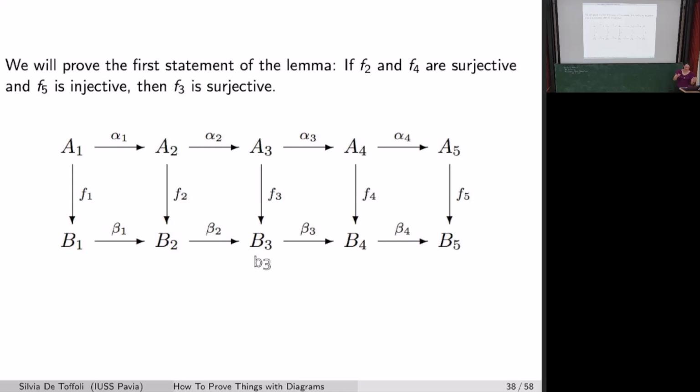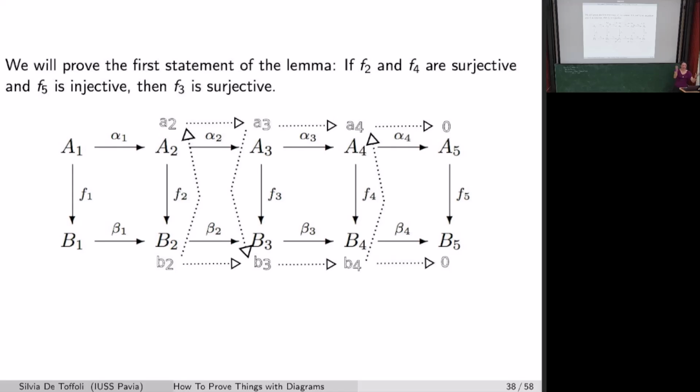Chasing the diagram just means to take elements and transform them around following the hypothesis of your lemma. In this case, for instance, F2 and F3 are surjective, the rows are exact, etc. So you just follow things around like this, and you obtain the result you want. The idea is you take elements and move them around the diagram in specific ways.